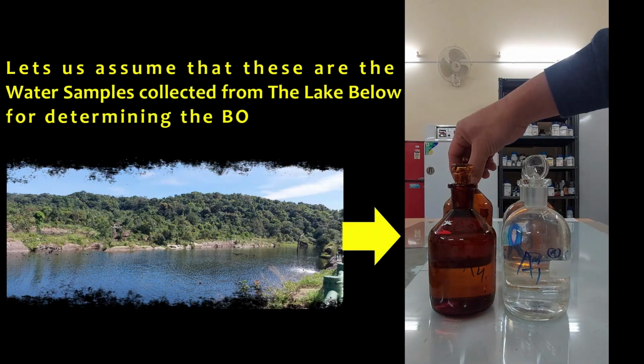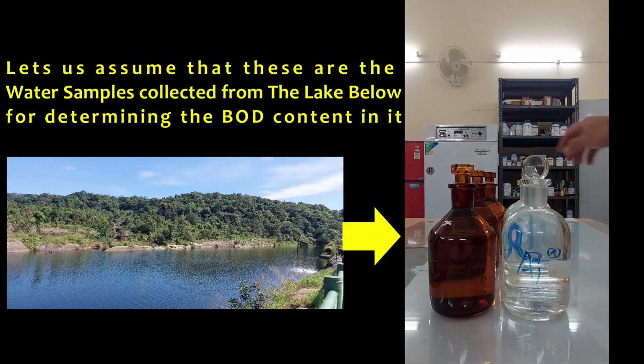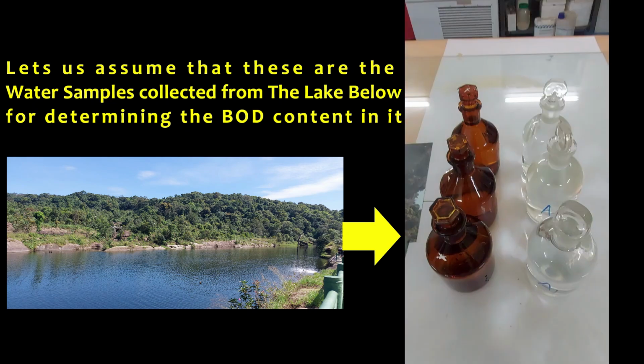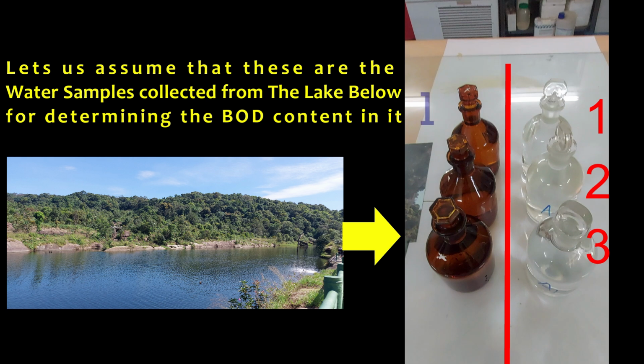For easy understanding, let us assume that these are the samples collected from this lake and we are interested in determining the BOD content of the lake. So to get this information, water samples are collected in two sets. In the first set with 3 replicates, we'll use transparent BOD bottles, and the second set, also in triplicates, we'll use the brown BOD bottles.